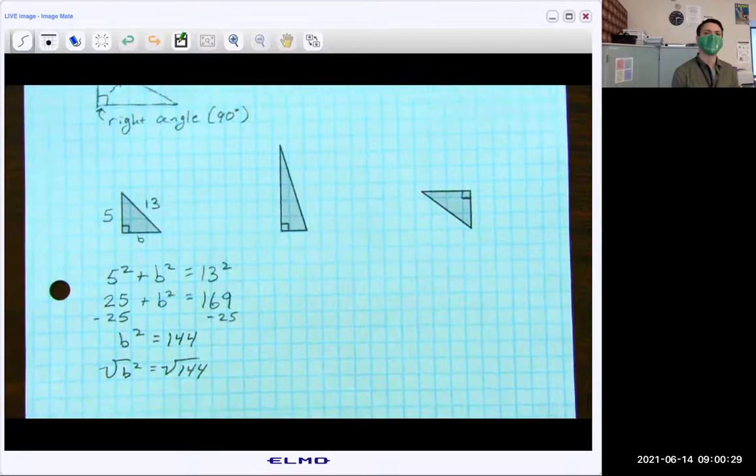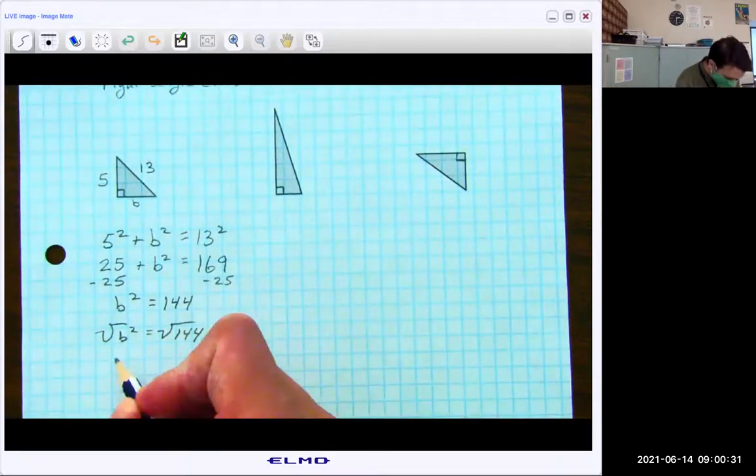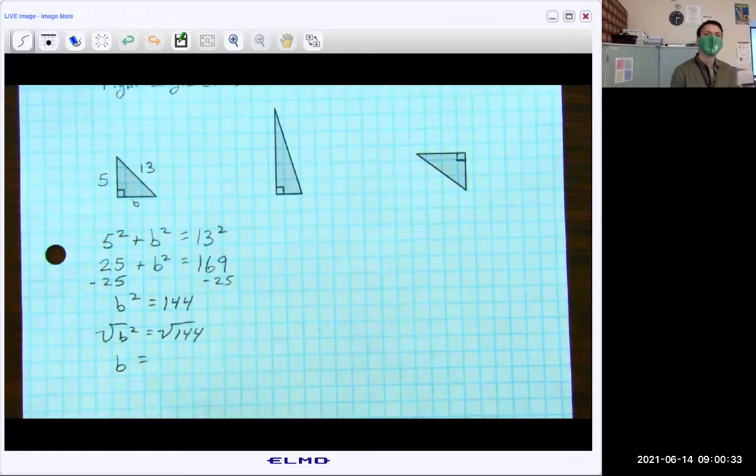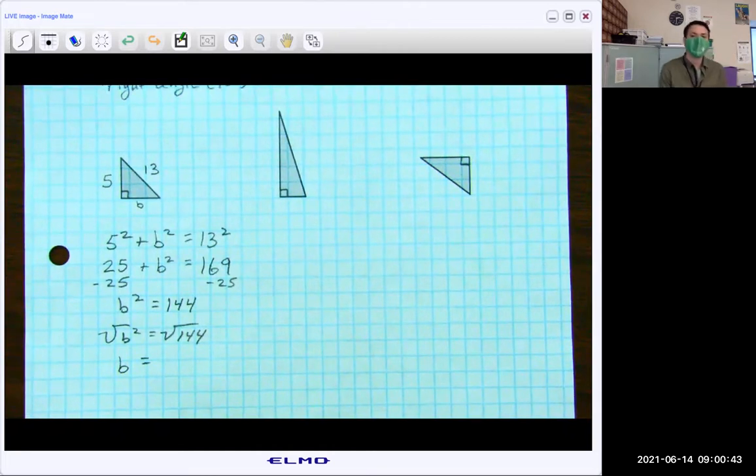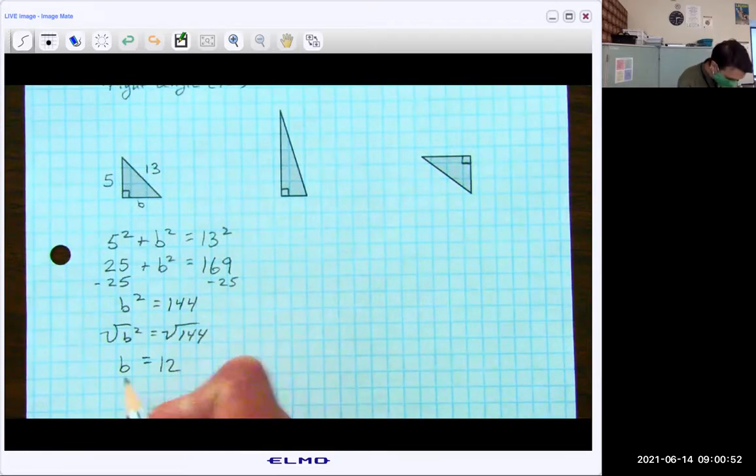You take the square root of both sides, you get b is, what is square root of 144? 12, isn't it? And remember, it could be positive or negative 12. But it doesn't make sense to have a negative in this triangle. So we would just say b is 12. There's your answer.